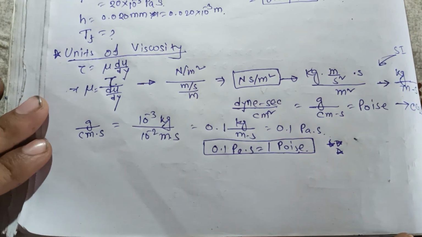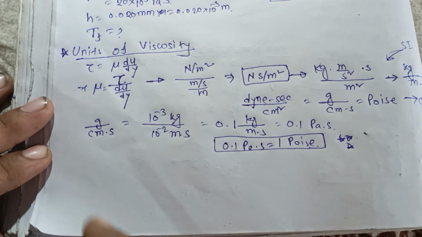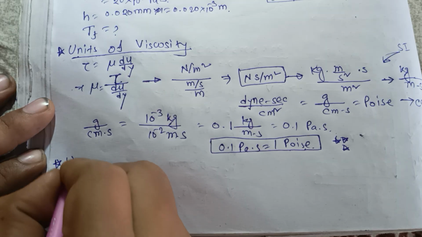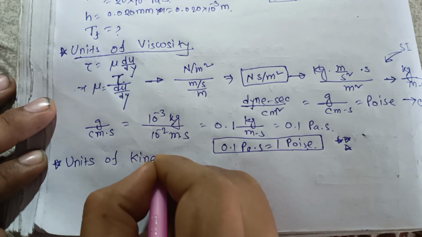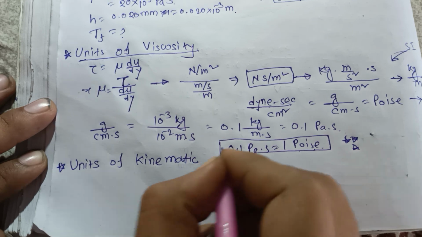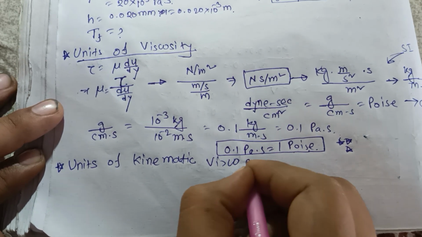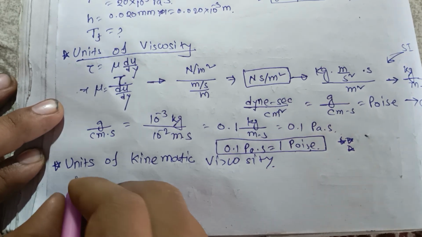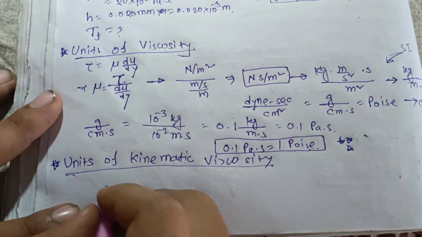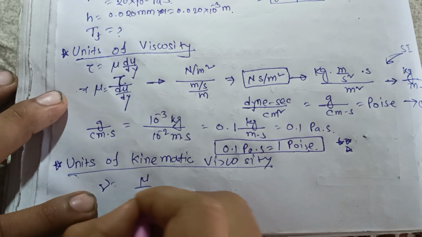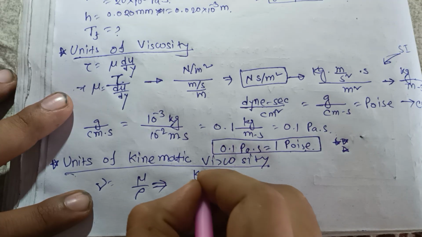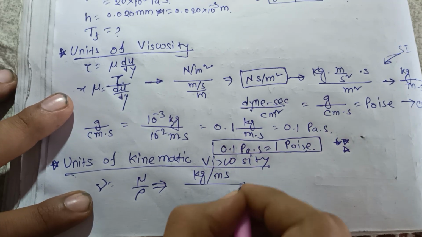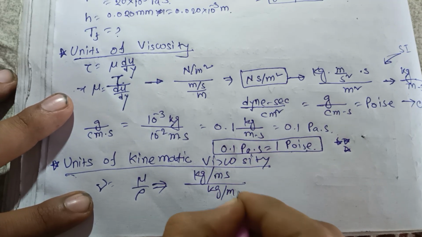Okay, now we will discuss the units of kinematic viscosity. We know that nu is equal to mu by rho. What is the unit of mu? That is kg per meter second, divided by kg per meter cube.